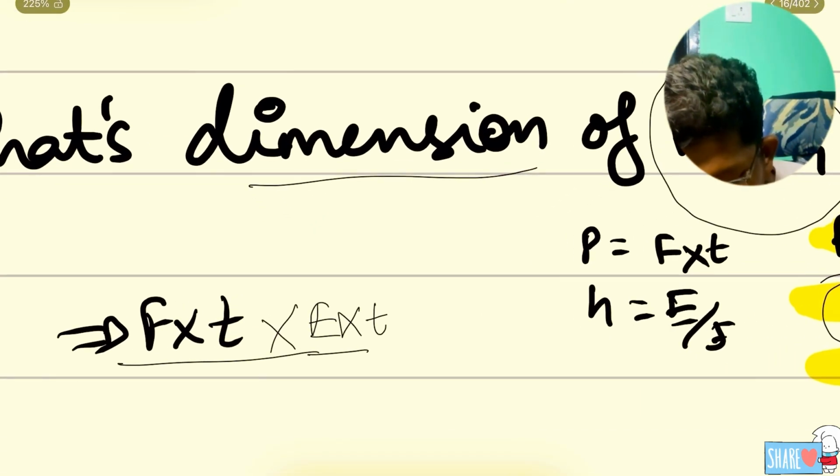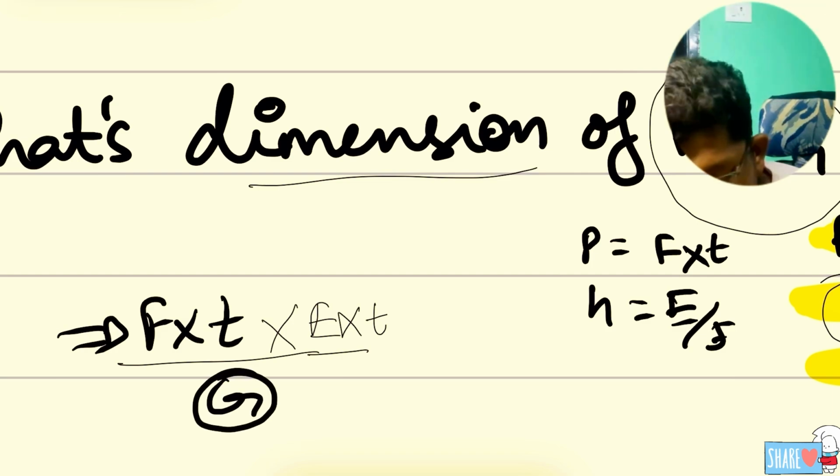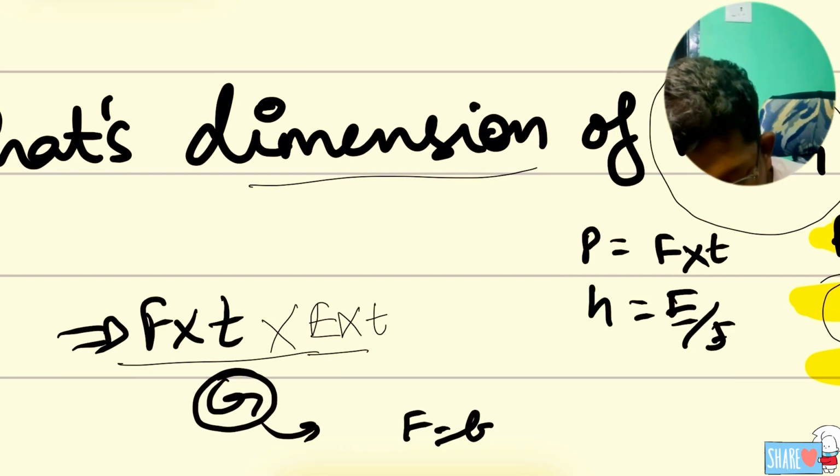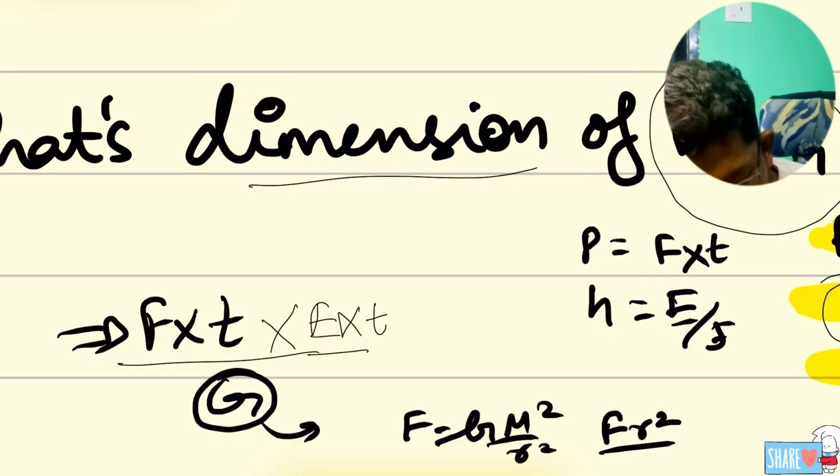One more thing is G. You know the formula: F equals G M square by R square, so G is F R square by M square.